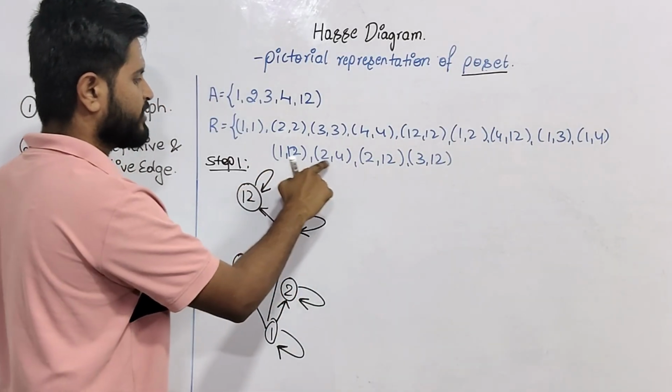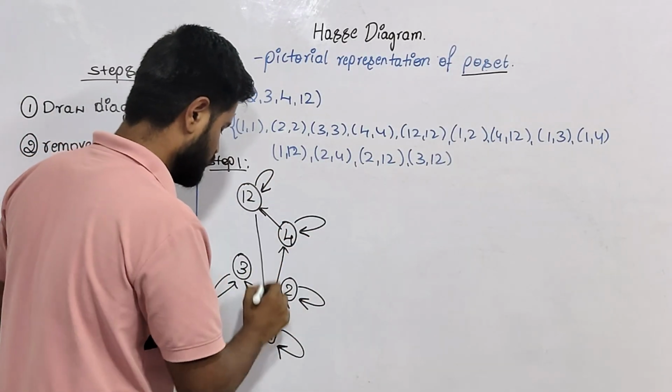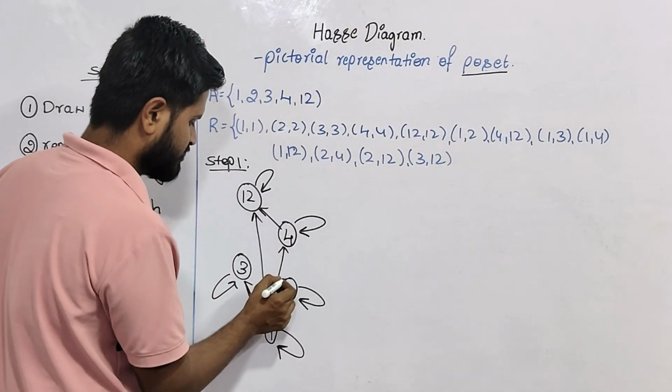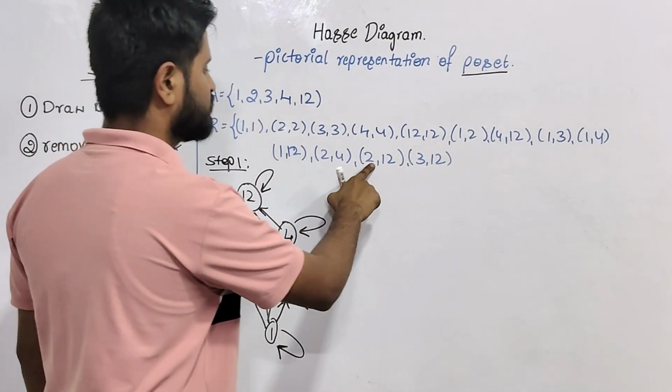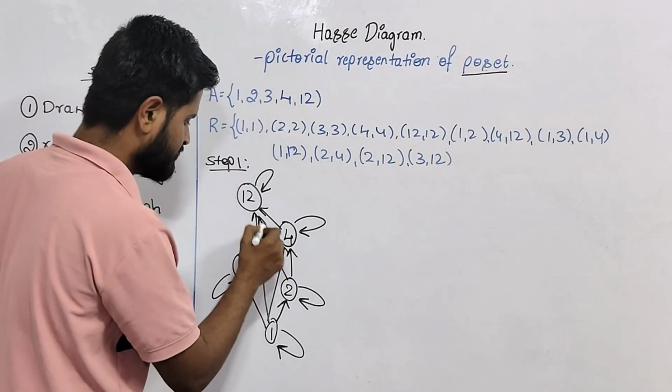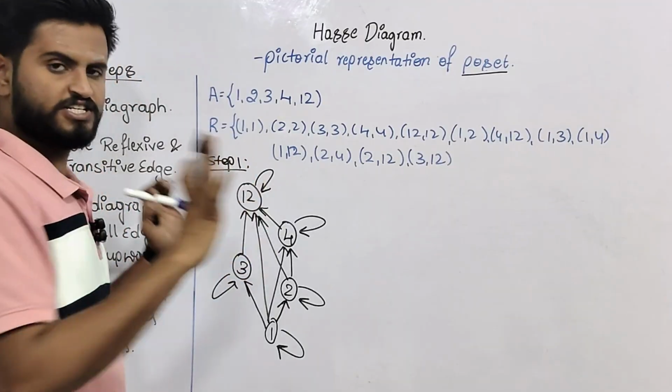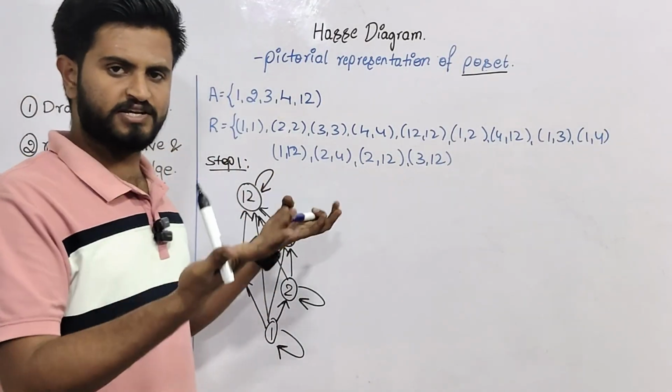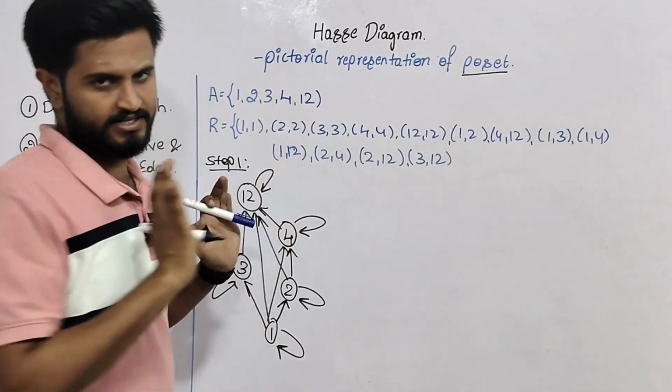Next 1 to 12 and 2 to 4. Next 2 to 12 and 3 to 12. Now the first step is complete. What you did was represent or design the digraph.